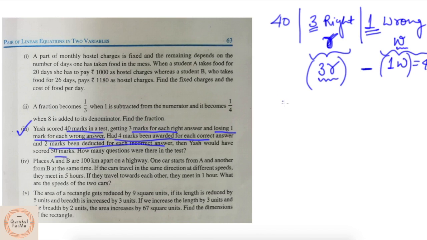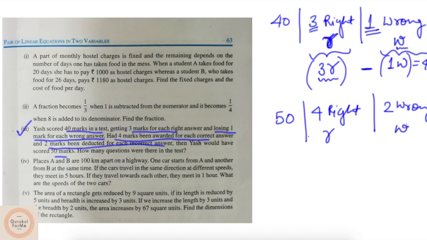Similarly, he says if 4 marks was awarded for each right answer and 2 marks is deducted for each wrong answer, he gets 50 marks. Can I say that the number of right attempts is R and wrong attempts is W. So the total marks is 4R. Here the total deduction is 2W.